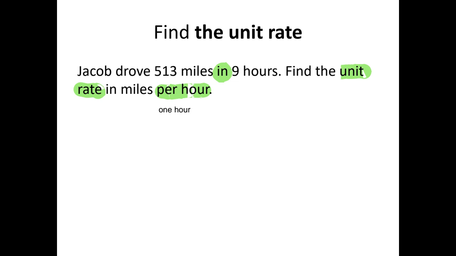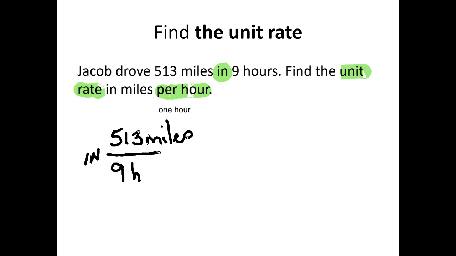This fraction bar, taking the first sentence, represents in. Now, what comes above is 513 miles. The fraction bar means in 9 hours. But if you notice, I can't cross out miles and hours because there's no way to make them the same.